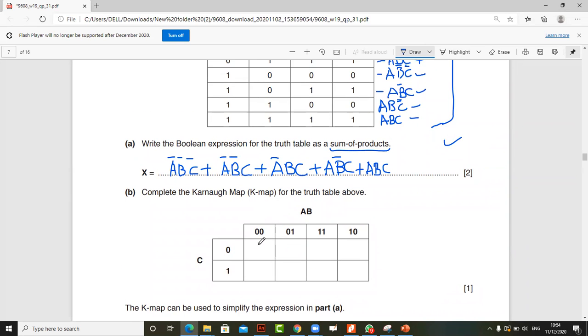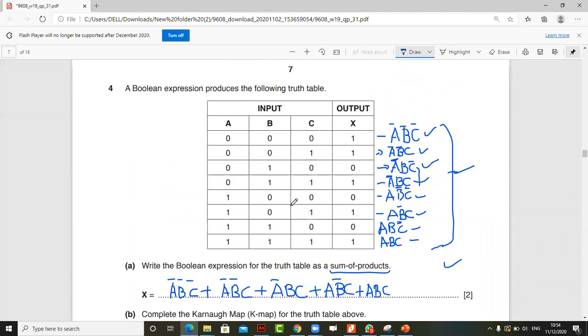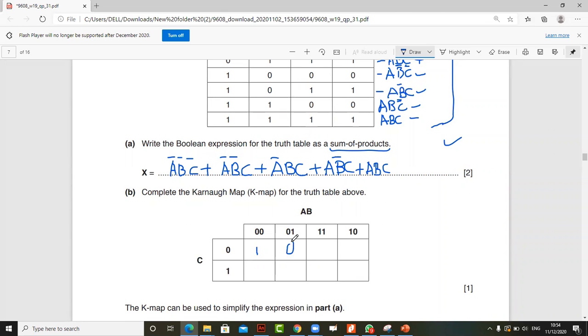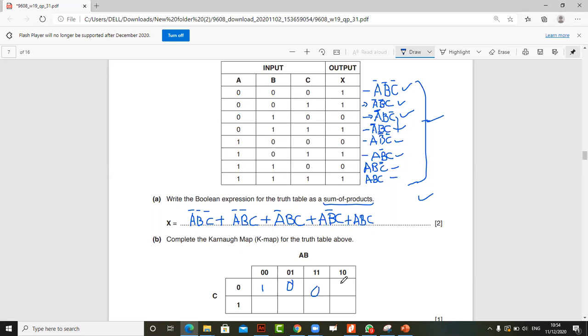1. Very good. 0, very good. Let me minimize this so that I can also see. 0, and here it will be C 0. 1 1 1 1 0. This will also be 0. And when this is 1 0, AB is 1 0 and C is 0, then this is also 0.